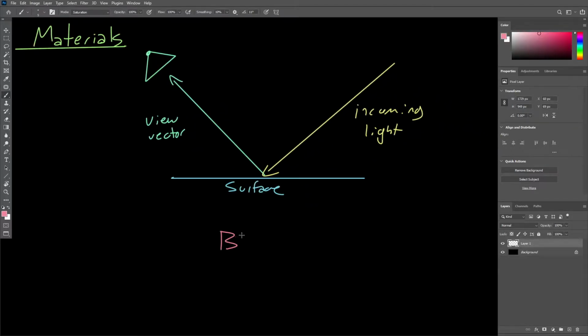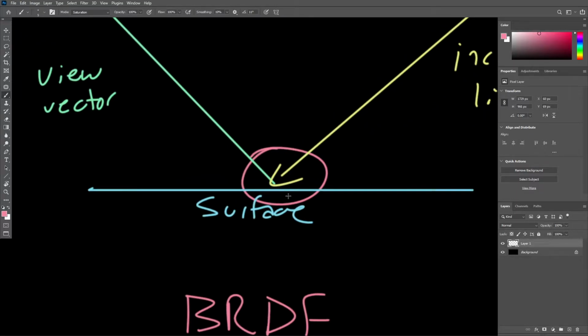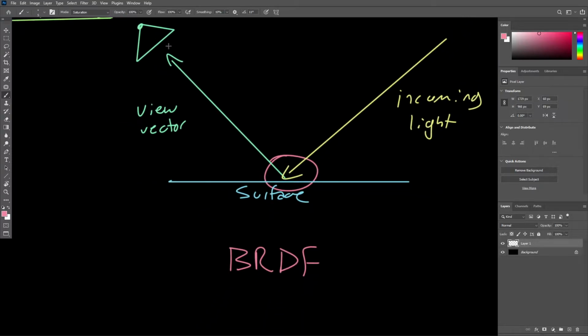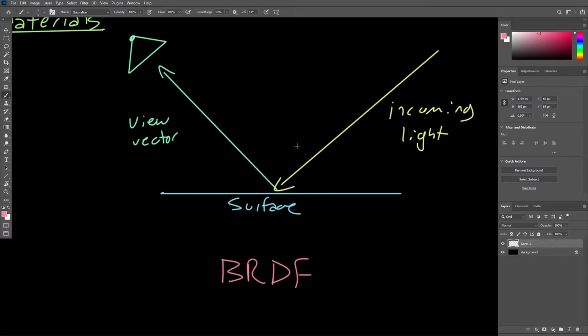All right, so this is what a BRDF allows us to do. It allows us to figure out exactly what this surface point should look like when we observe this from a camera, right? How bright should it be? How should it be illuminated? What color should it be based on the properties of the surface itself?